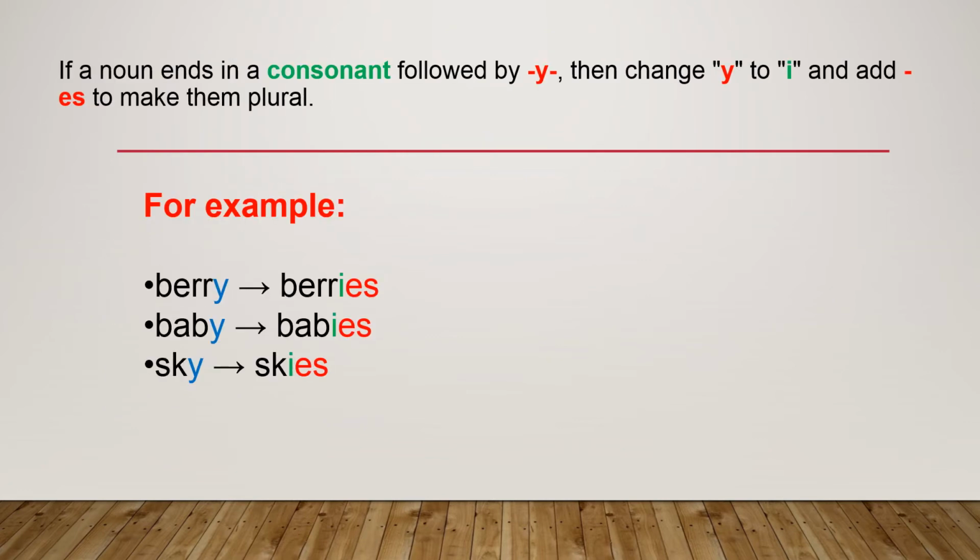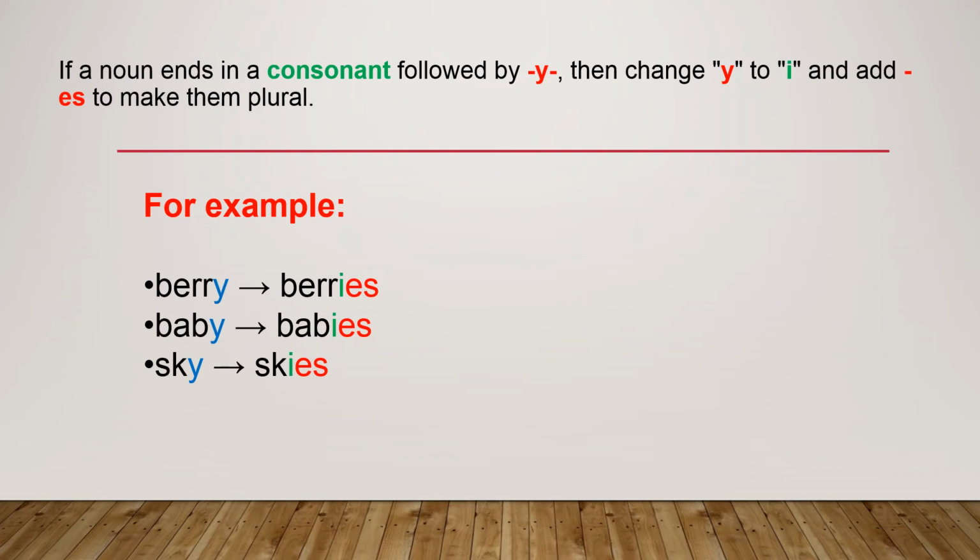Now, if a noun ends in a consonant followed by y, then change y into i and add es to make them plural. For example, berry, berries, baby, babies, sky, skies.